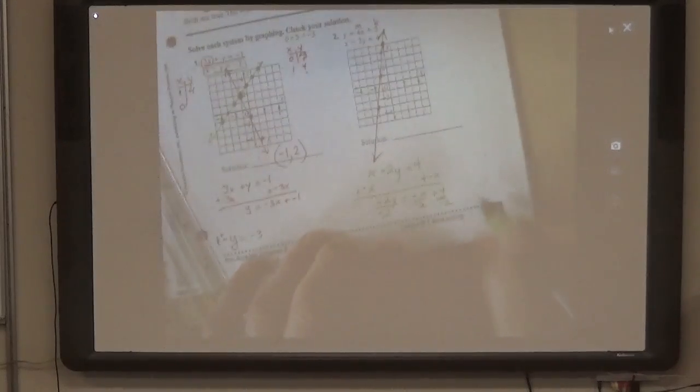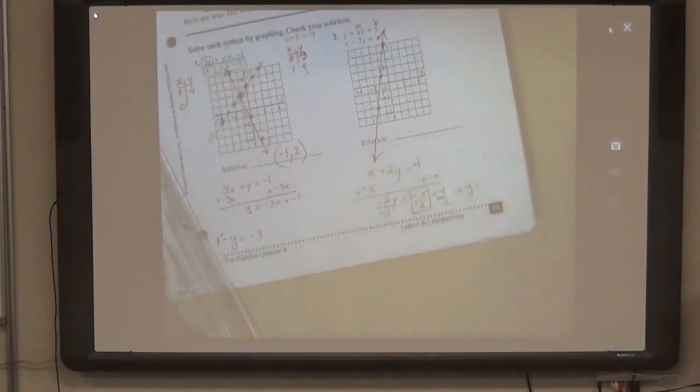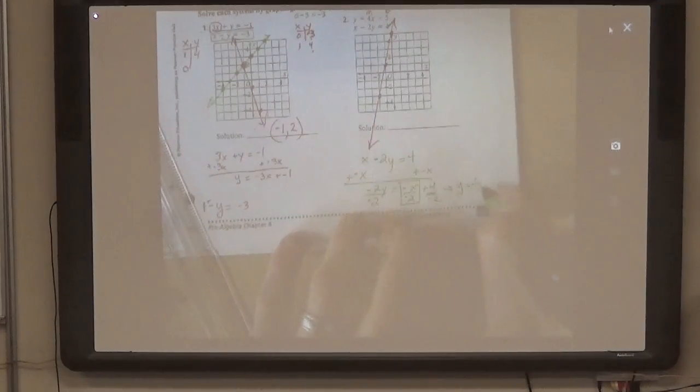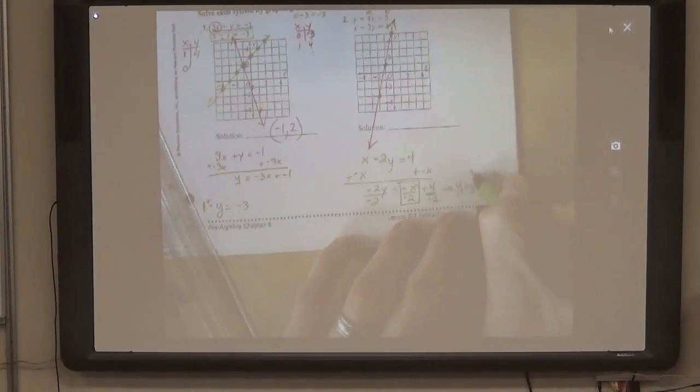And so y equals, now we have negative over a negative. What is that? Positive 1/2 x plus. And then what's 4 divided by negative 2? Negative 2, yep. And so we have b again, and we have m.